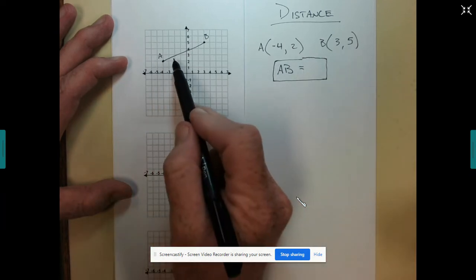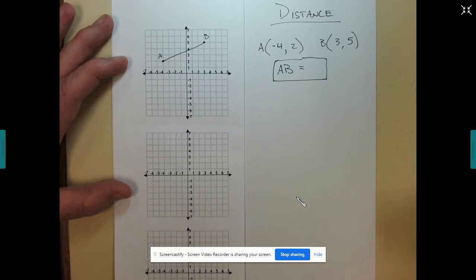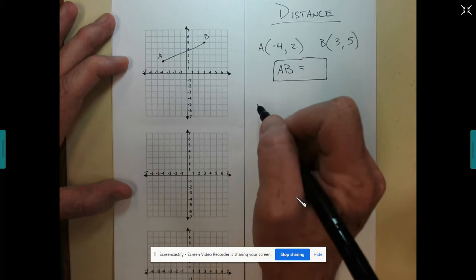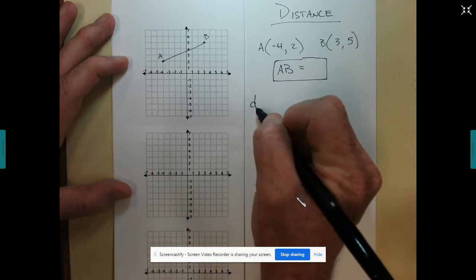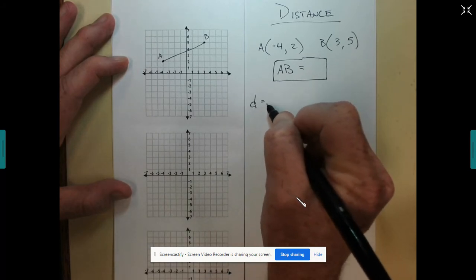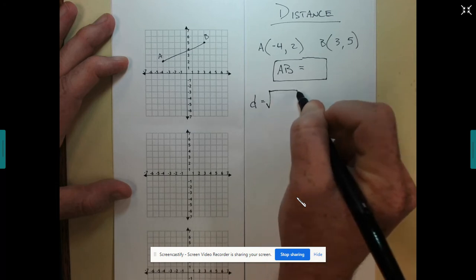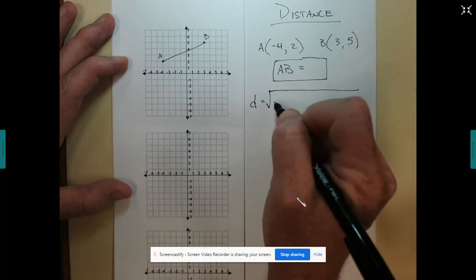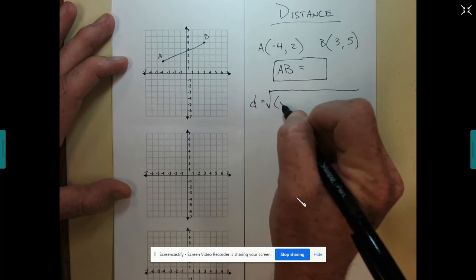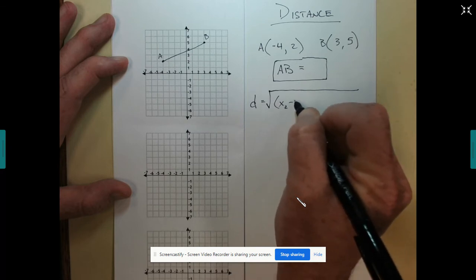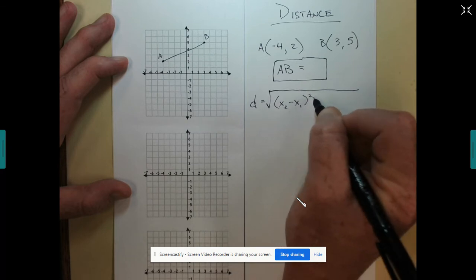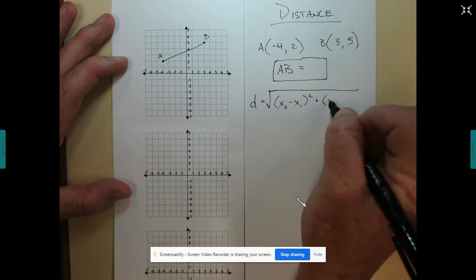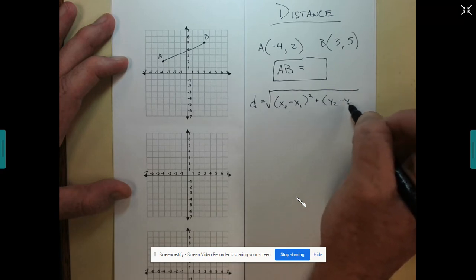Well, we can't just count a diagonal distance. It doesn't work that simply. There is a complicated distance formula. I don't want you to be without it, but you can find the distance by taking the square root of the difference of the x's squared plus the difference of the y's squared.